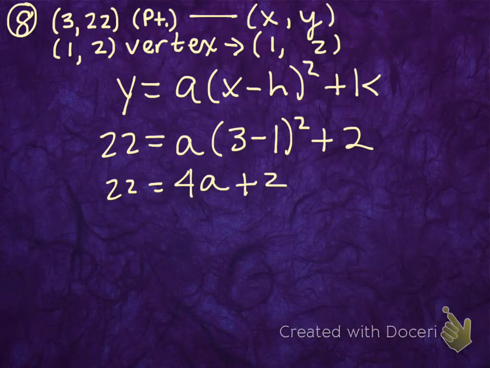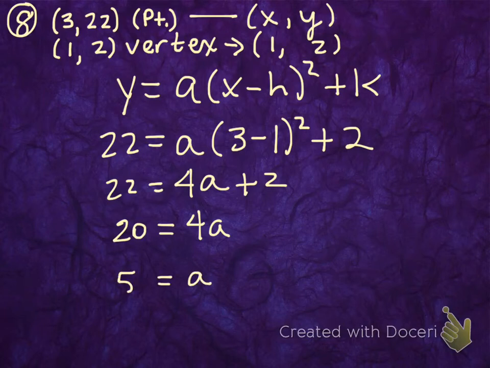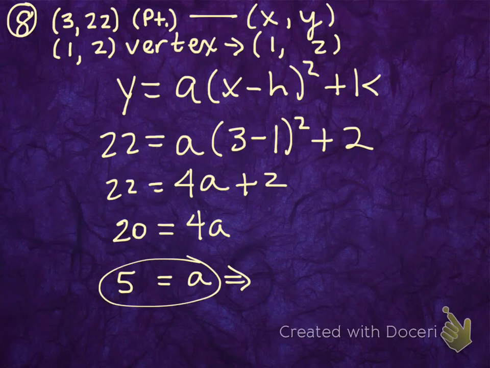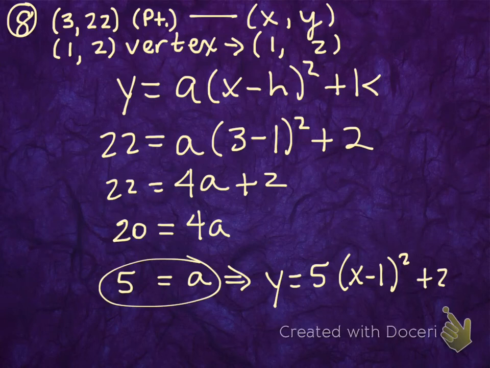And then we subtract 2 from both sides, and that leaves 4a on the right, and 22 minus 2 is 20. And then we divide both sides by 4, so a is 5, and that makes our equation y equals 5 times x minus 1 squared plus 2. And we're off to the next one.